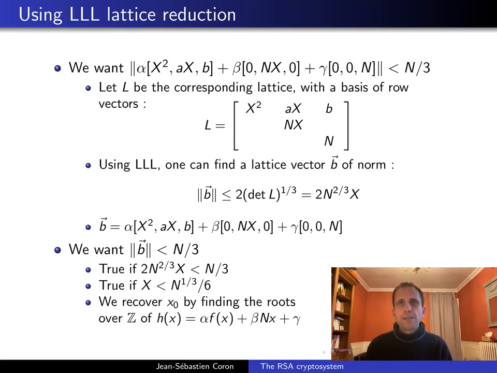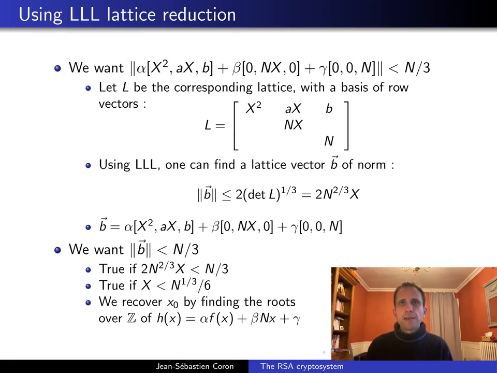And so this vector B will be a linear combination with integer coefficients of these three vectors, x squared, ax, b, 0, nx, 0, and 0, 0, n. And what we want is that the norm of B is less than n over 3. Why? Because in that case, each component of B will be less than n over 3, and this implies that the three previous inequalities that we wanted to satisfy will be satisfied.